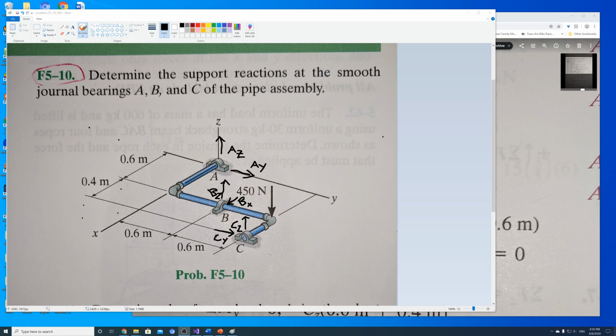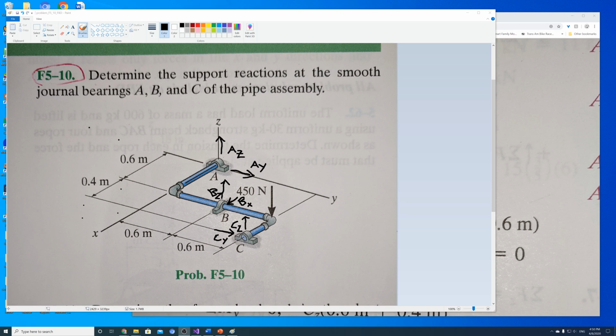So as I'm going through this, the way I'm taking a look at it and thinking about it is in terms of multiple 2-dimensional problems. Each time, like when I did the moment about the x-axis, I essentially used the z and y plane and looked at it from the side.